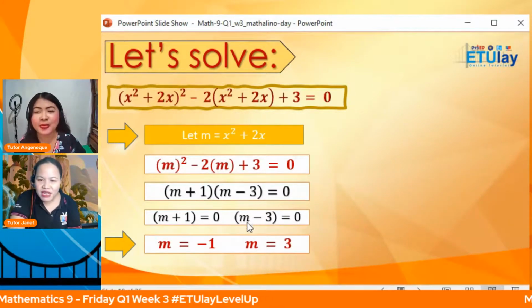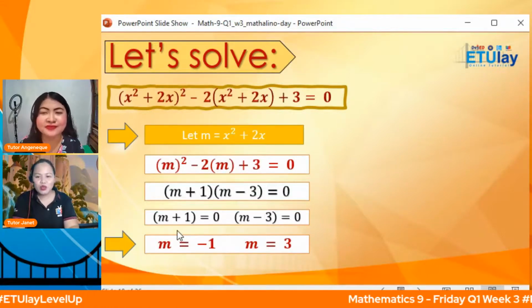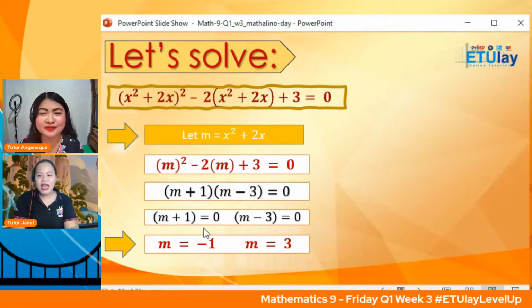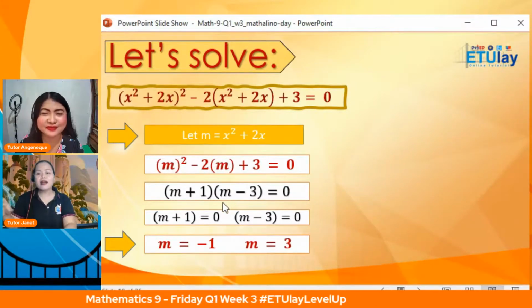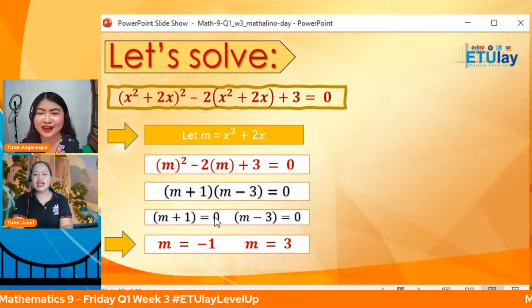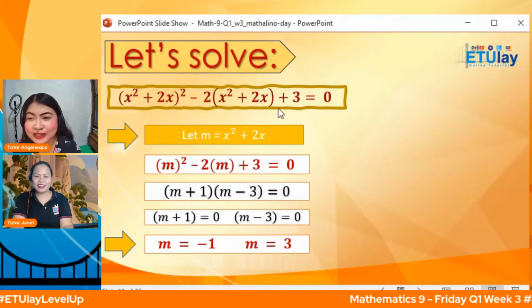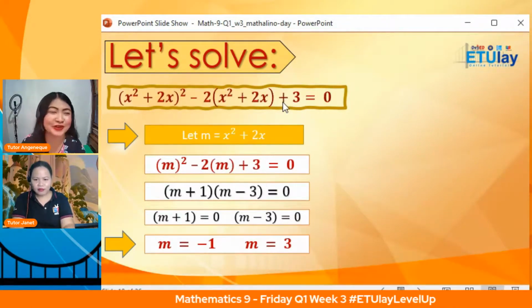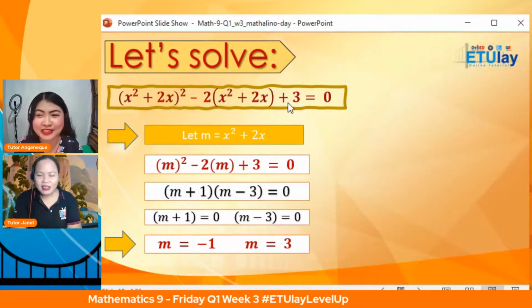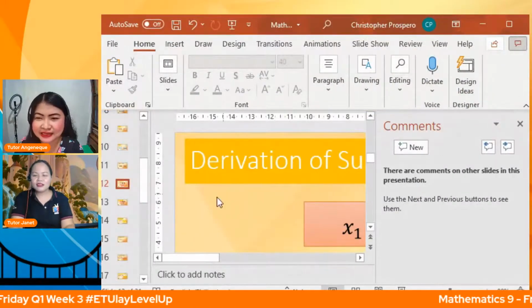Dapat ang given ay the quantity x squared plus 2x squared minus 2 times the same quantity minus 3 para yan ay magiging factorable na. Okay. So, nagkamali lang po dito sa example, no, tutor? So, dapat minus 3 ito. Yes. Okay. Opo. So, palitan lang natin ang mabilisan.